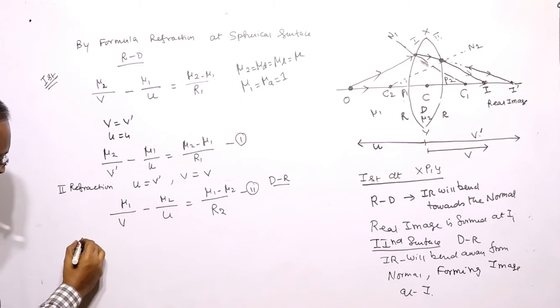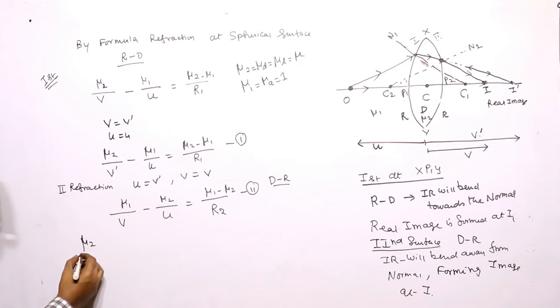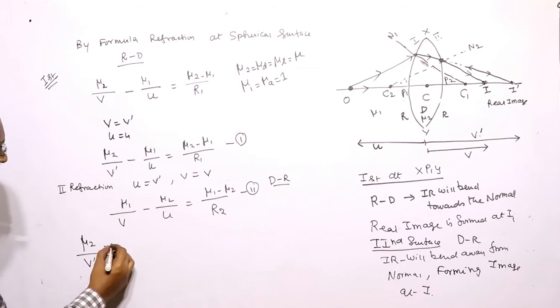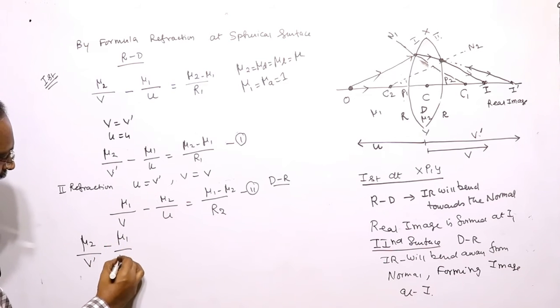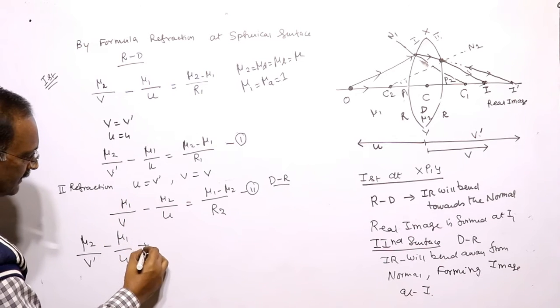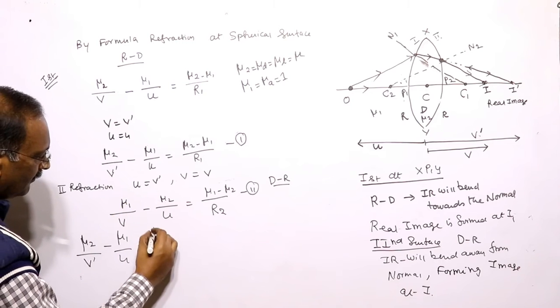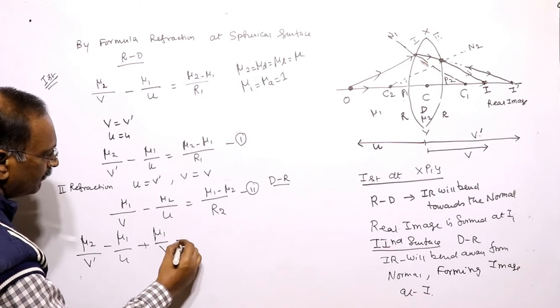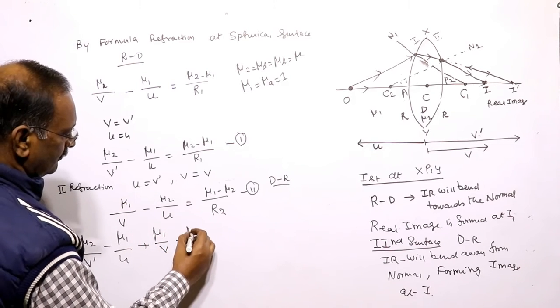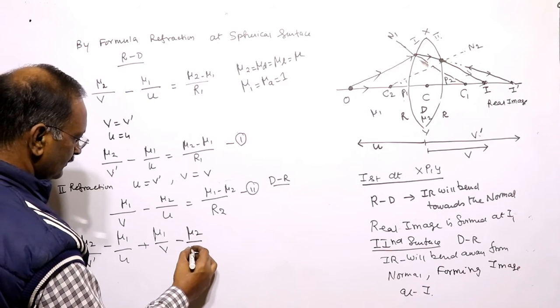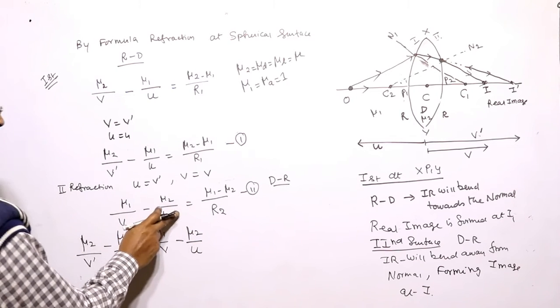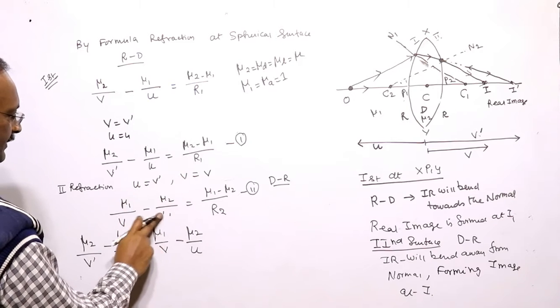This becomes mu2 by V dash minus mu1 by U, add this also, plus mu1 by V minus mu2 by V dash. Sorry, here it is V dash.